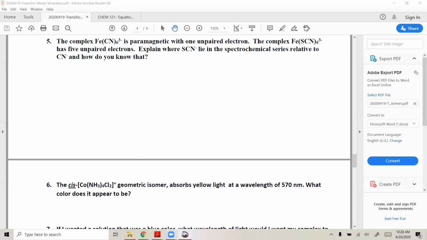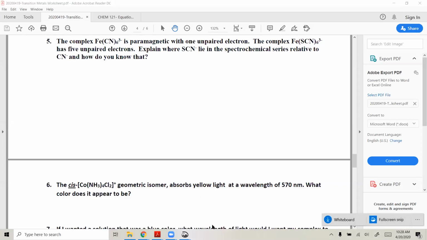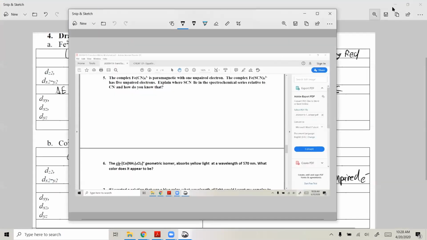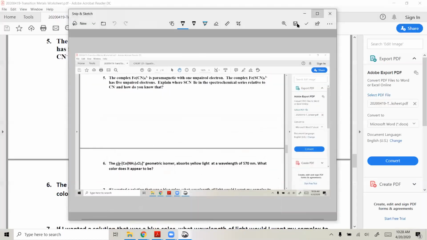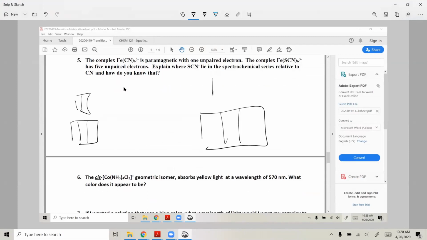So if we look at it, we're trying to compare 1 unpaired electron versus 5 unpaired electrons. So our iron is going to be a +3, which makes it a D5.